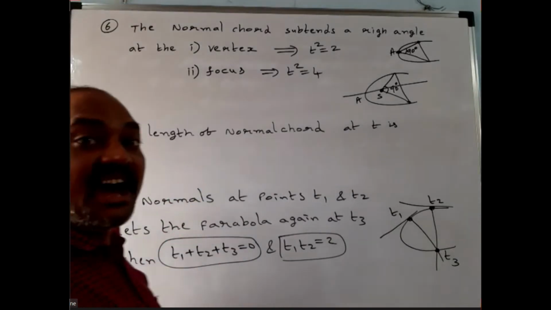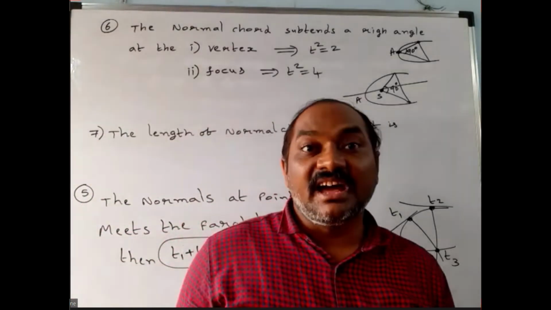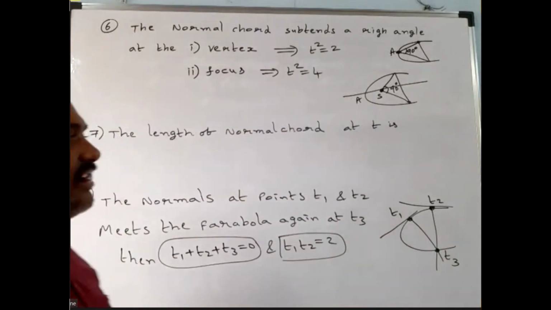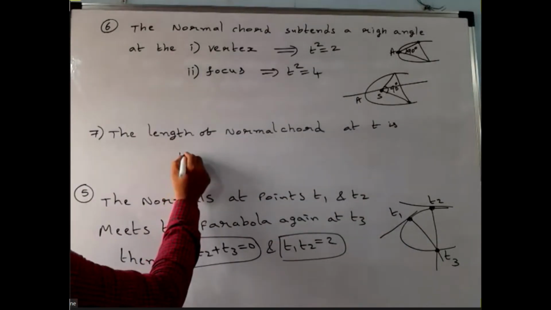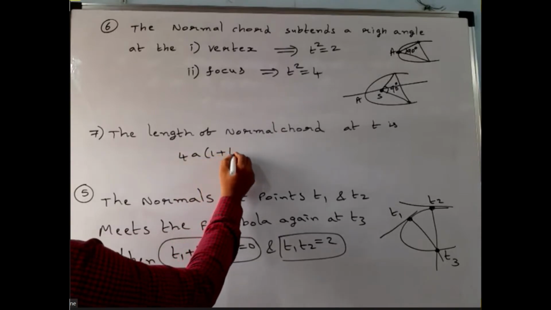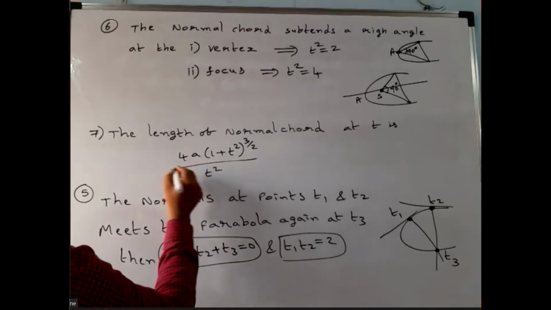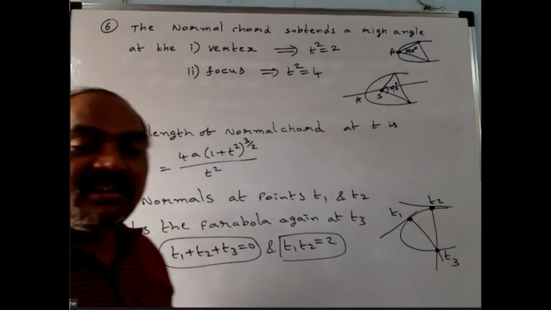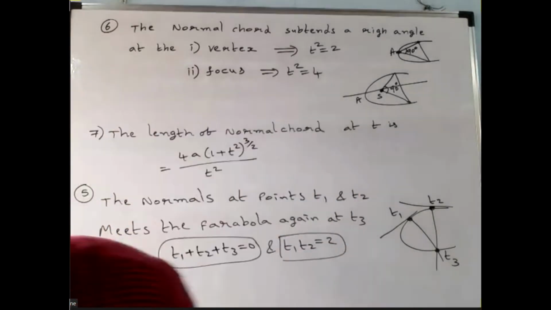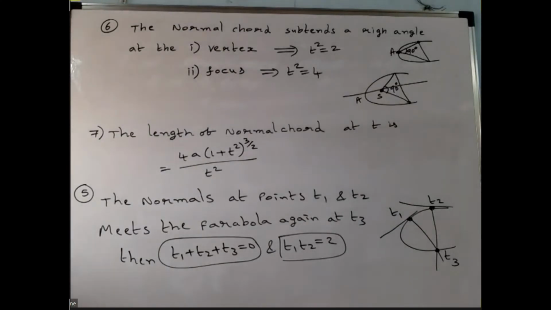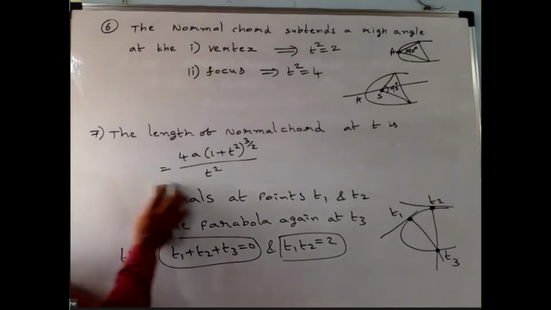The length of the normal chord at t is 4a into (1 plus t square) power 3 by 2, by t square. This is called the length of the normal chord at t.